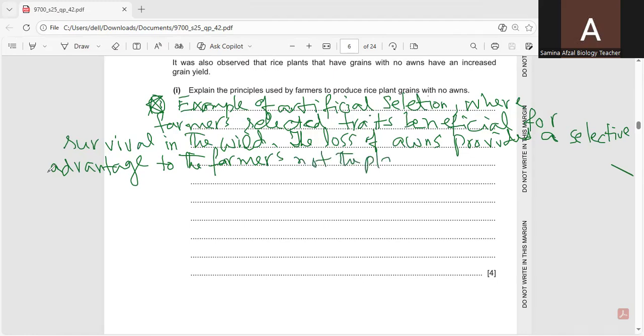Not to the plants. So this is the advantage to the farmers, not to the plants.